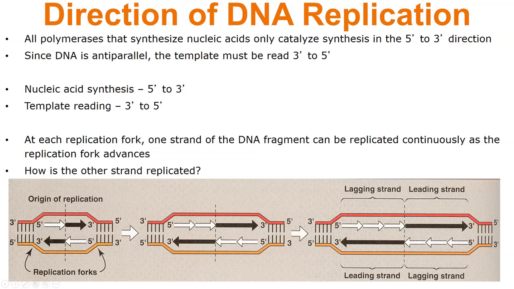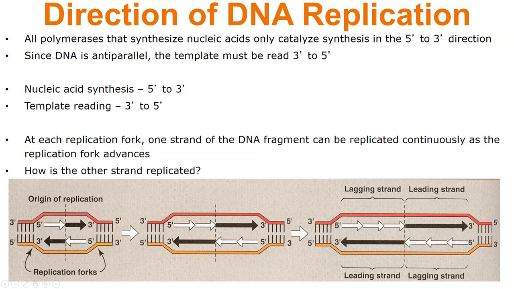So at each replication fork, one strand of the DNA can be replicated continuously. As we move from left to right in this figure, you can see there is a bubble, and it's going to be going in both directions. But if we separate it in half and just look at this black strand on the top, that's a leading strand.